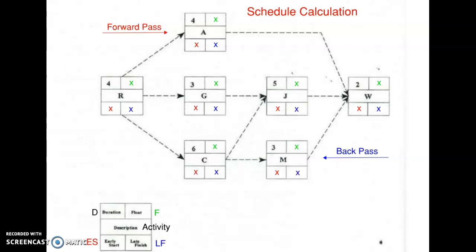But take a look down below here where we have a simple node where you have in the lower left-hand corner an early start, which is the ES in red. Upper left-hand corner, I've got the duration, which is D. The upper right-hand corner is the float, and the lower right-hand corner is the late finish. These are the ones that we're going to work with right now.